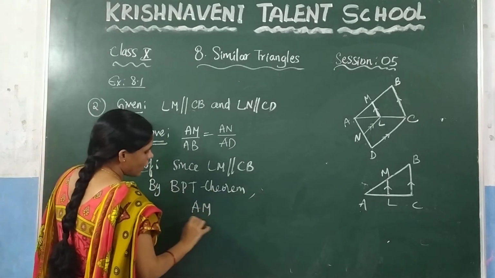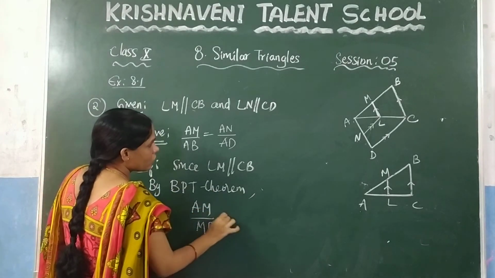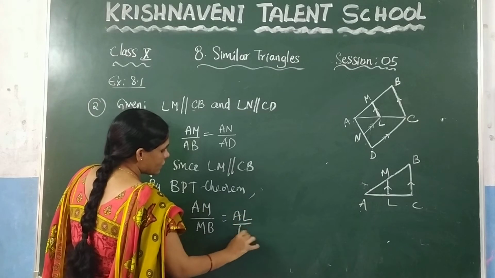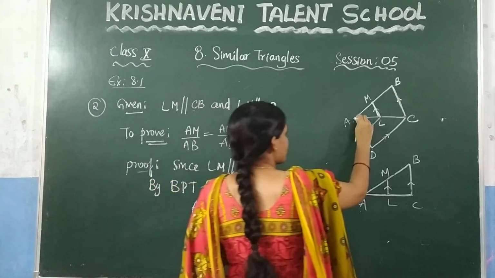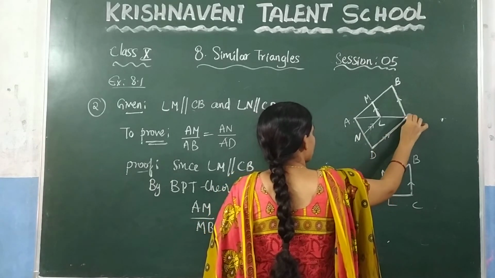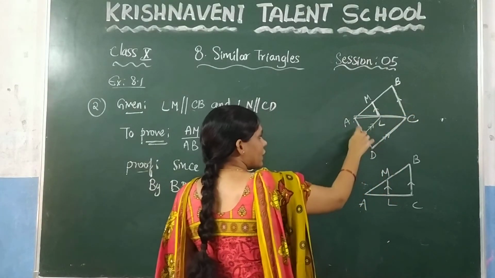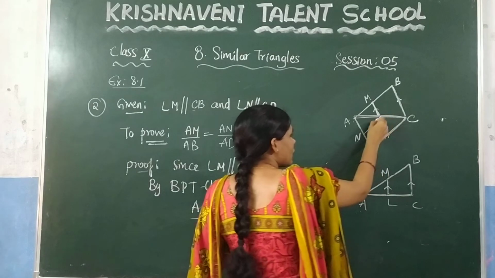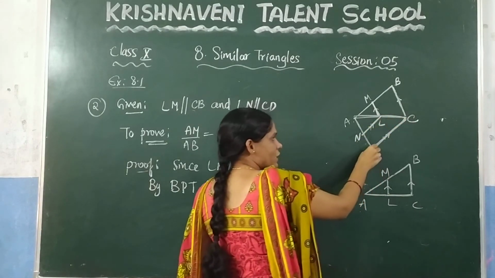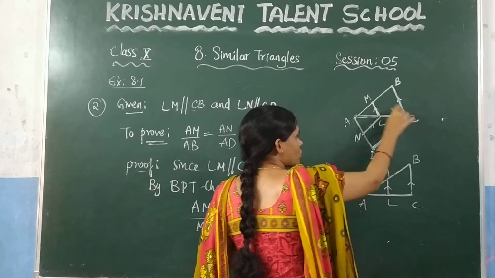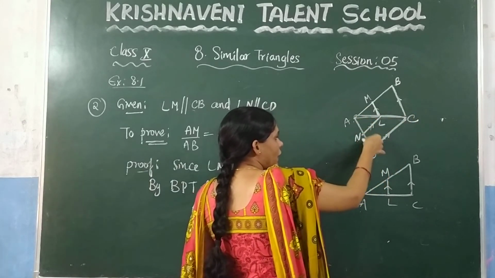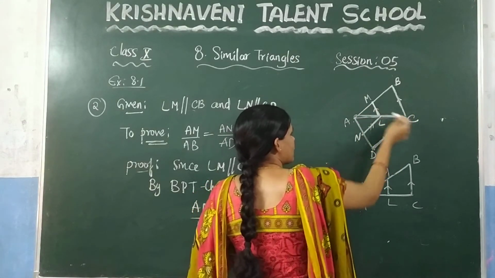AN by MB is equal to AN by LC. And after that, you need to consider this triangle here. If you consider the below triangle, you can observe that this line is parallel to this line. So again, these two sides are divided in the same ratio. So you can write AN by MB is equal to AN by LC, right?